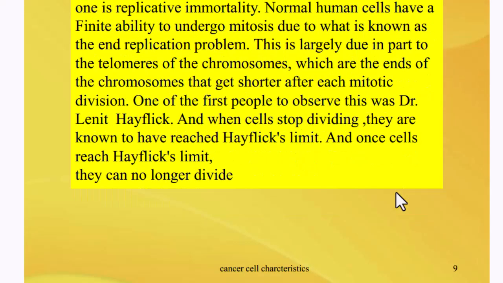This is largely due to the telomeres of the chromosome, the ends of the chromosome, which get shorter after each mitotic division. The sequence of the DNA gets shorter every division.